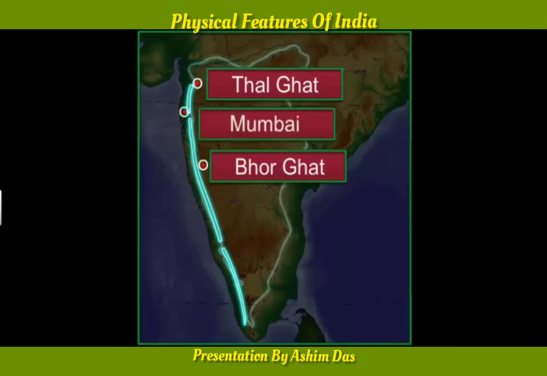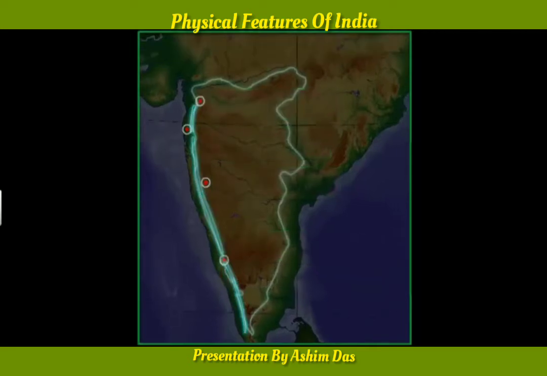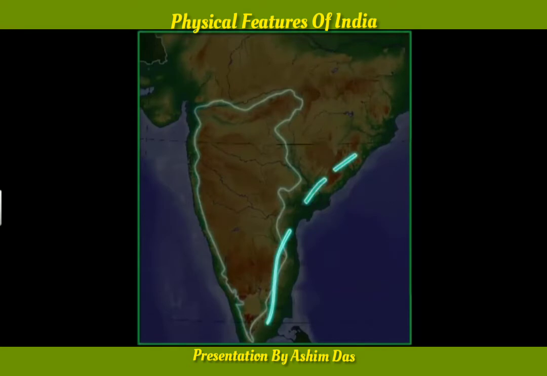Another pass, the Palghat Gap, found on the Kerala-Tamil Nadu border, serves as a major communication route between the two states. The Eastern Ghats stretch from the Mahanadi Valley to the Nilgiris in the south.